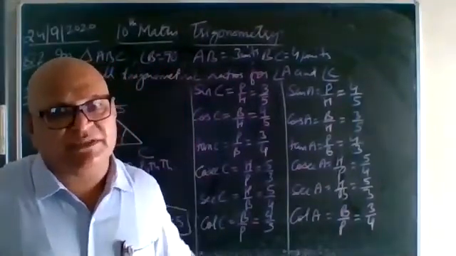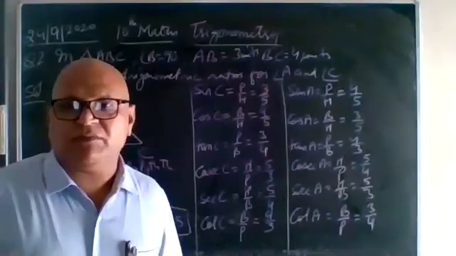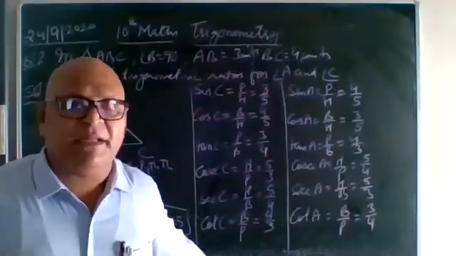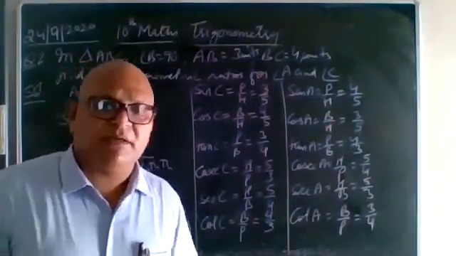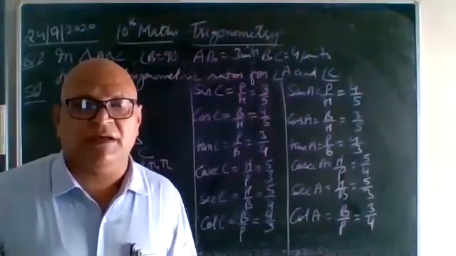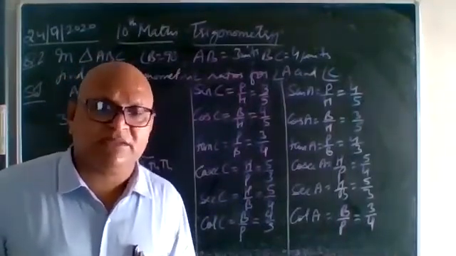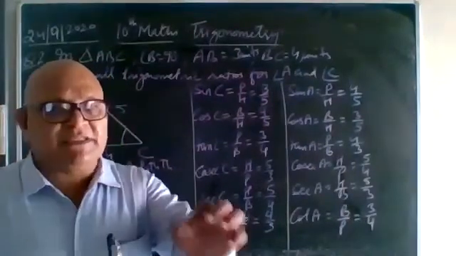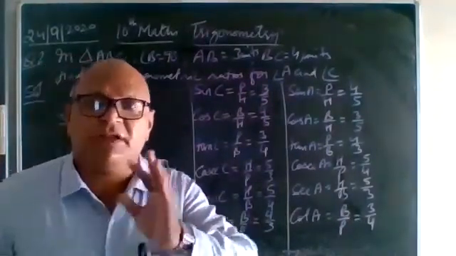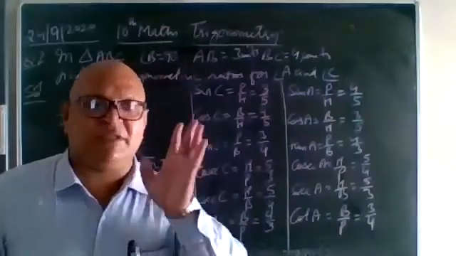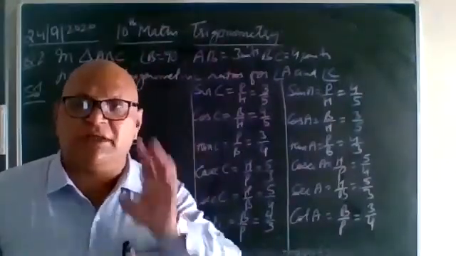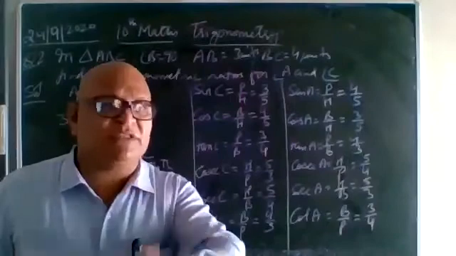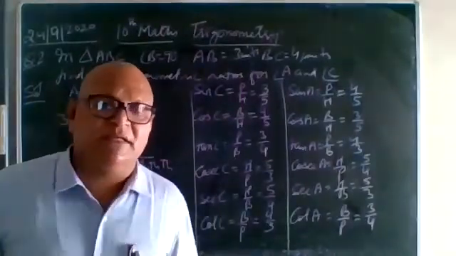I have explained how to find the trigonometric ratios for the angles considered. Very important is which angle you are considering, what is perpendicular, what is base and what is hypotenuse. If you know these, you will find that this chapter is very easy.